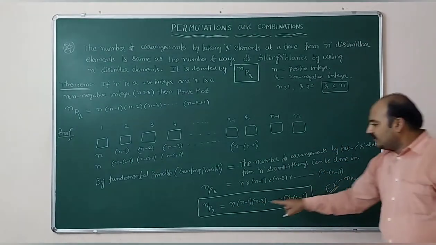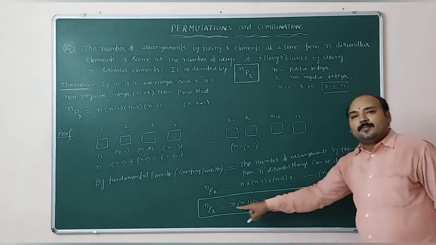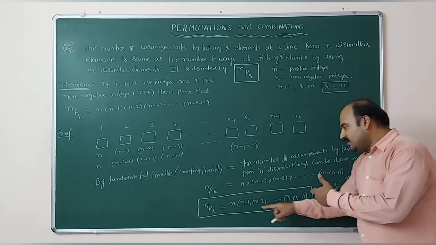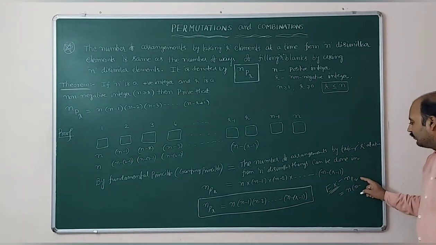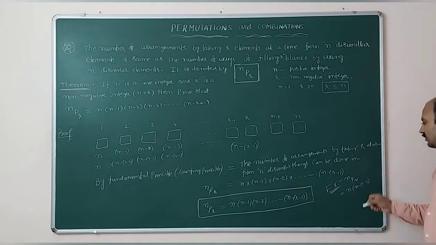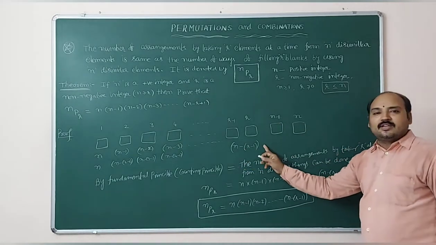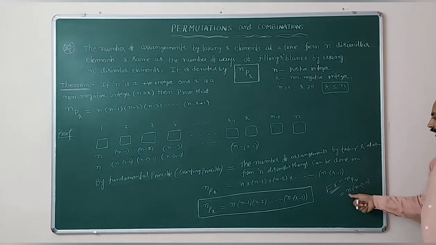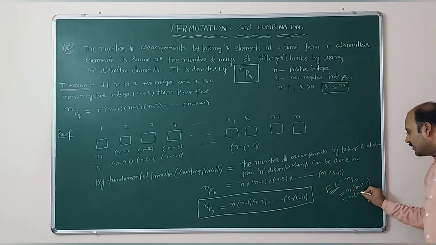Suppose 3 is there, the product of the first 3 terms will come. Suppose r is there, the product of the first r terms will come. I already said that when arranging r things, the last term is n minus of r minus 1. So here 2 things are there, n into n minus of 2 minus 1, so it becomes n into n minus 1.